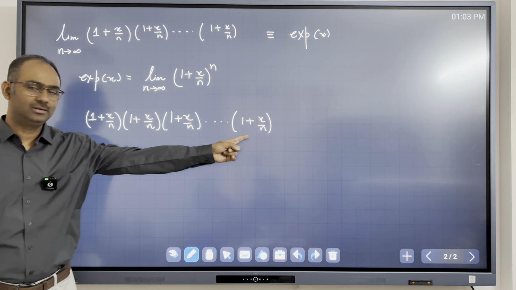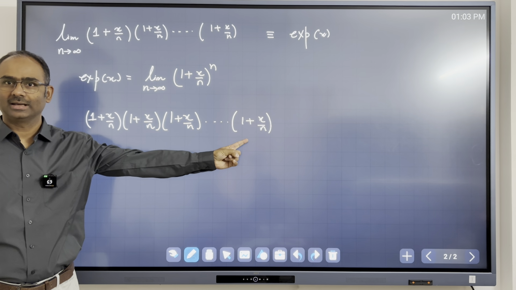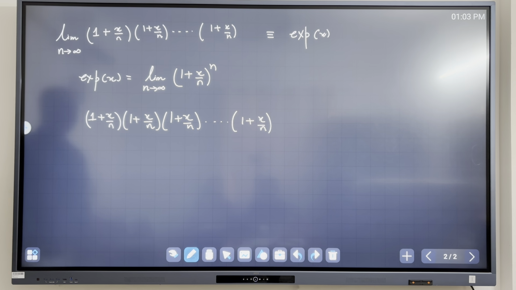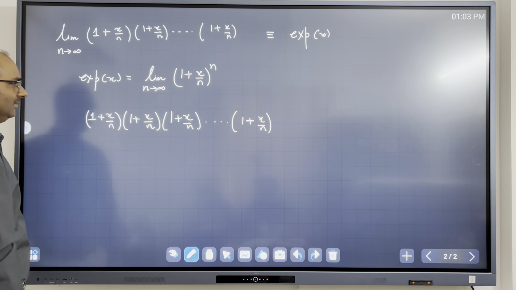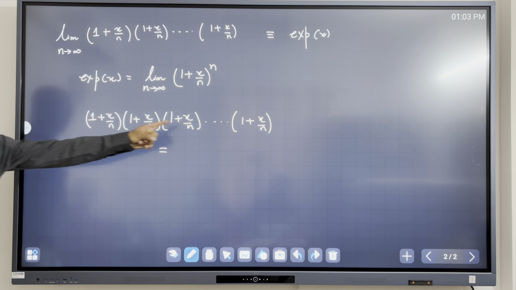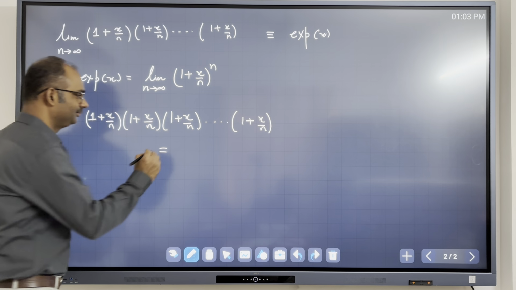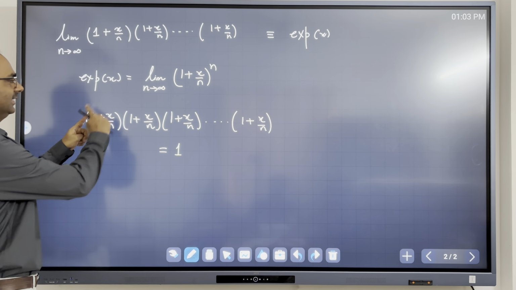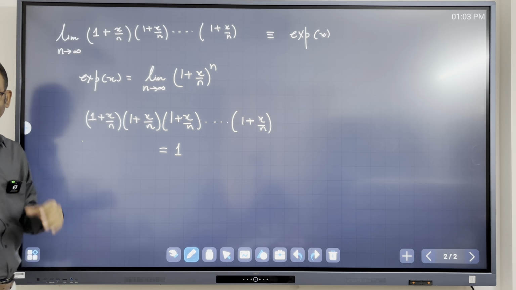Is this the exponential function? No, because n is finite here. It's not the exponential function. Now I take this and expand. The degree 0 term will be 1, because it occurs only when you multiply this with this with this with this. All the ones are multiplied.